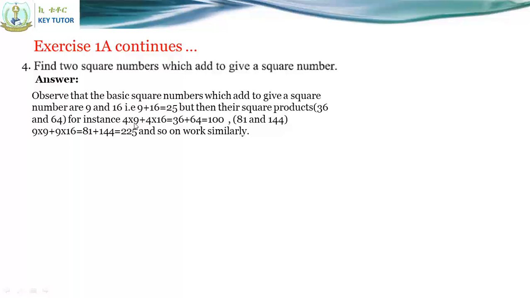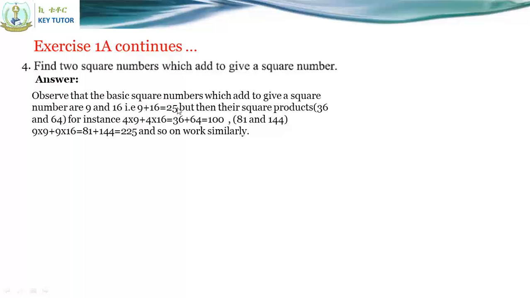If you take 4 times 9 and 4 times 16, which are 36 and 64, these numbers also add up to another square number, which is 100, because they themselves are square numbers. So the easy thing to do is a square number multiple of 9 and 16 also adds up to a square number.